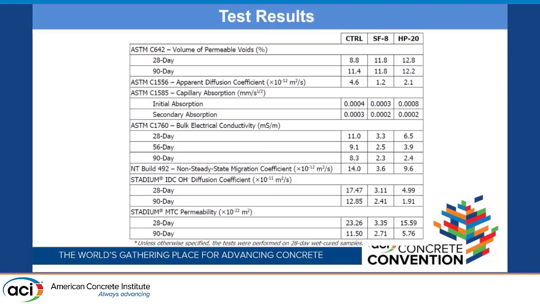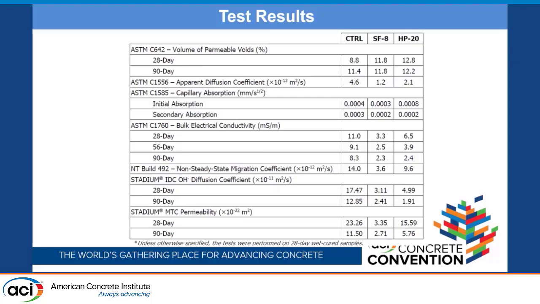And once again, they pretty much mirror the two other methods of measuring diffusion, with the control the highest, the silica fume the lowest, and the pozzolan the next lowest. What's interesting here is that over time, the pozzolan material actually becomes lower than the silica fume.